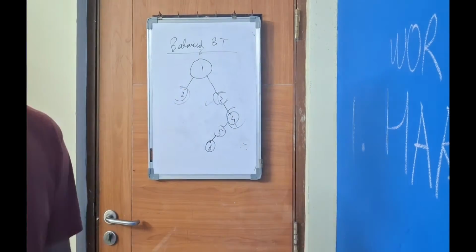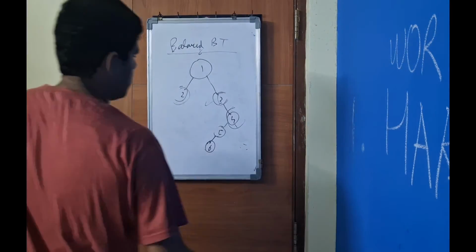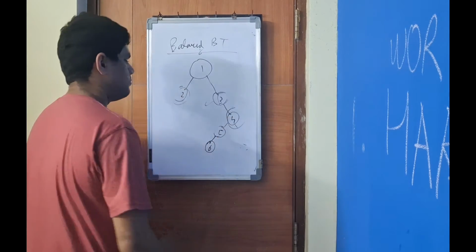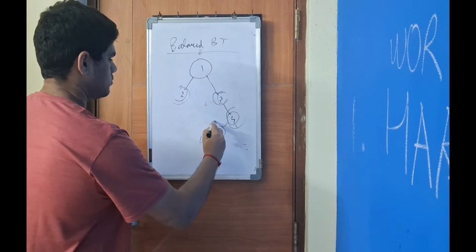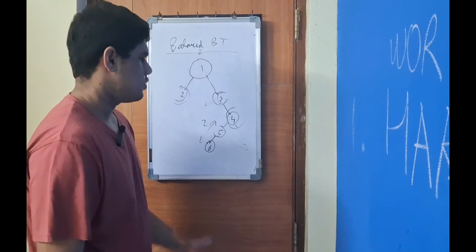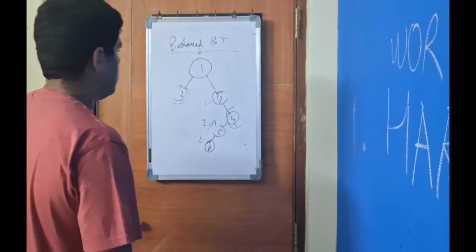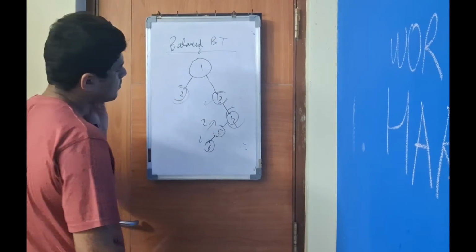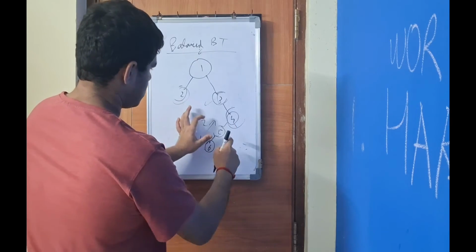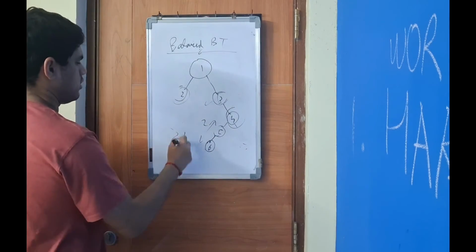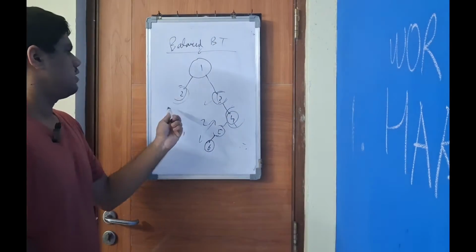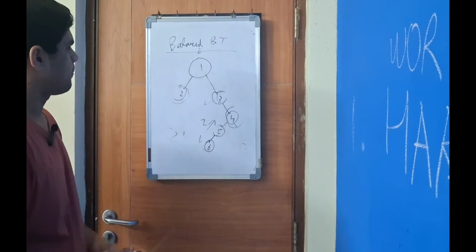Okay, so we have 4 here, and if we check with respect to 4, this side is 2 and this side is 0. So this comes out to be an unbalanced binary tree, because the difference between this height and this height is more than 1. You have to keep this in mind, and that's how we are going to check each and every node here, right?